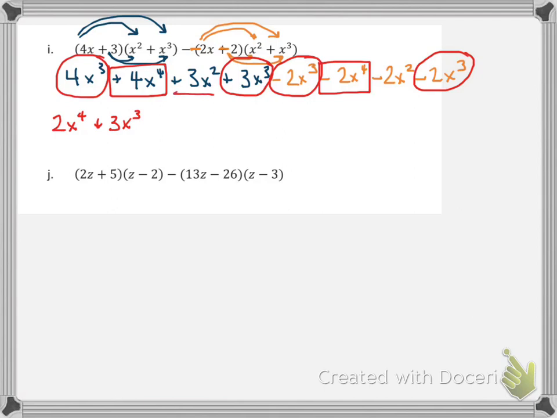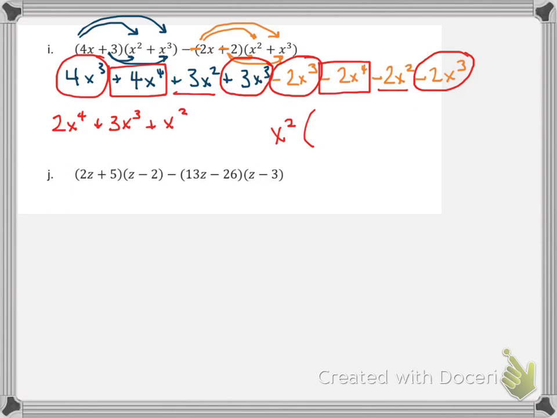What's next? I see an x squared. That's a positive 3 and a negative 2. That leaves me with a positive 1x squared. Now I can take out a common factor, and the common factor is x squared. So x squared, and then we're just going to see what's left after I divide by x squared.